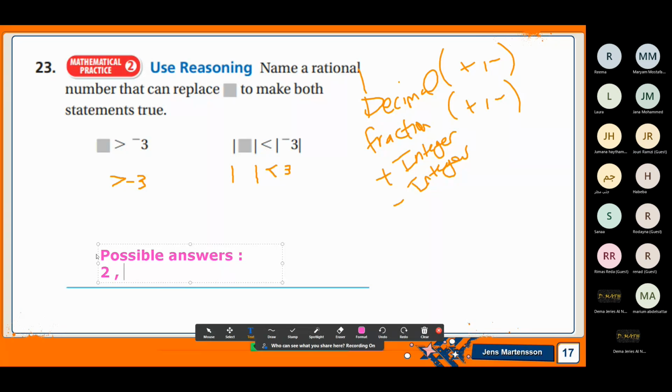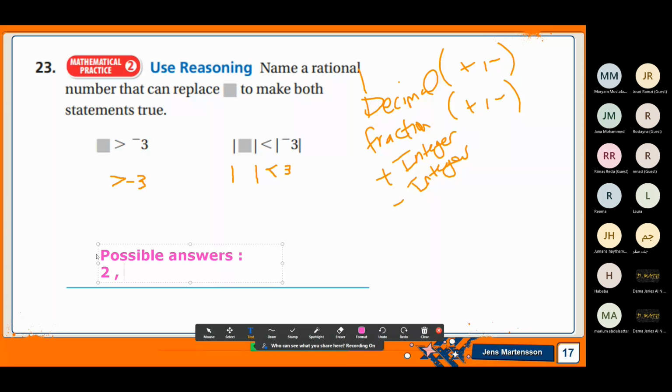4. Is its absolute value less than 3? No. Let's give me decimals or fractions. Give me one. 2.11. Let's try 2.11. It's greater than -3 and its absolute value is less than 3. Yes, bravo. Another one.